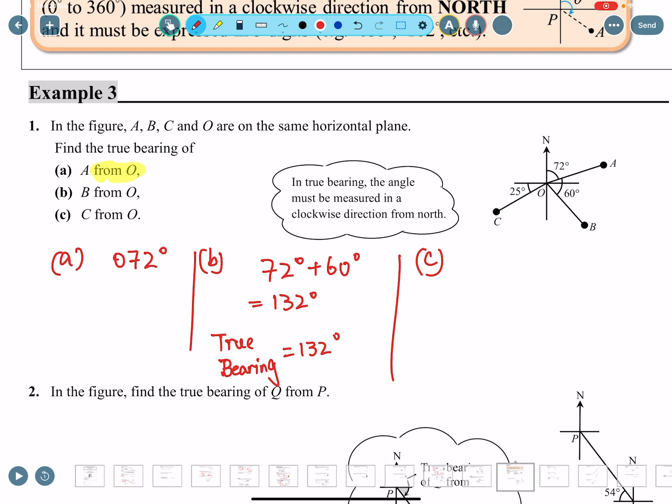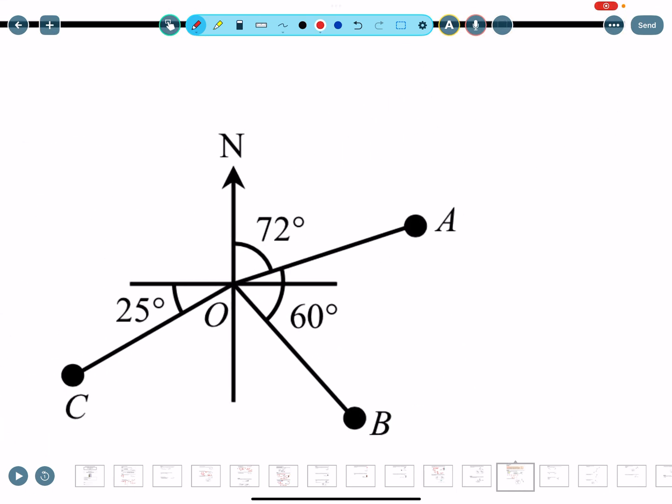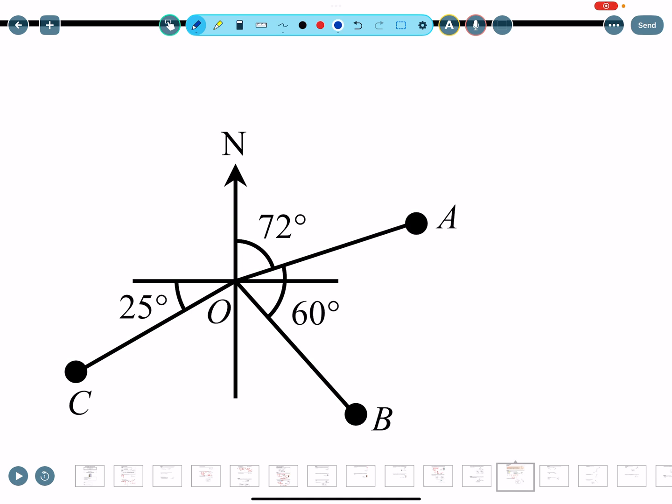C, oh, this one looks a bit complicated now. So how can we get C? Okay, for C, you will see that we're missing an angle here. So we got to think about, is that 90 degrees? It does look like it, but do not assume it's 90 degrees. You can, however, think that this is 180 degrees, right?